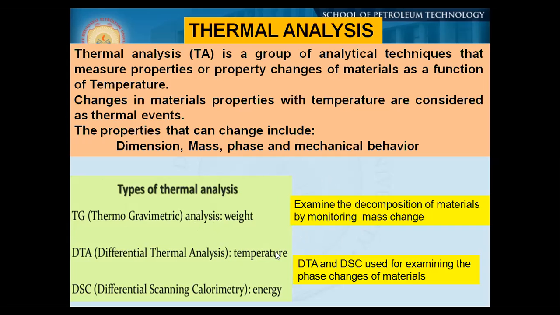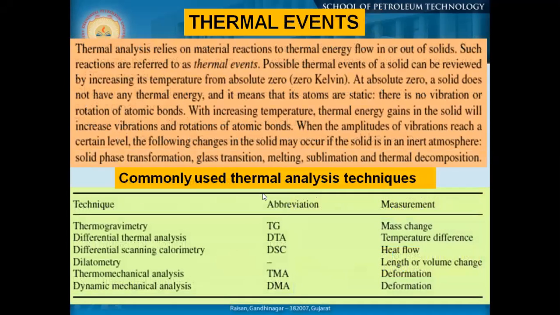Okay, so in the general case, what is happening? At absolute zero, a solid does not have any thermal energy. It means that the atoms are static, there is no vibration or rotation of atomic bonds. With increasing temperature, the thermal energy gained by the solid will increase the vibration and rotation of atomic bonds.